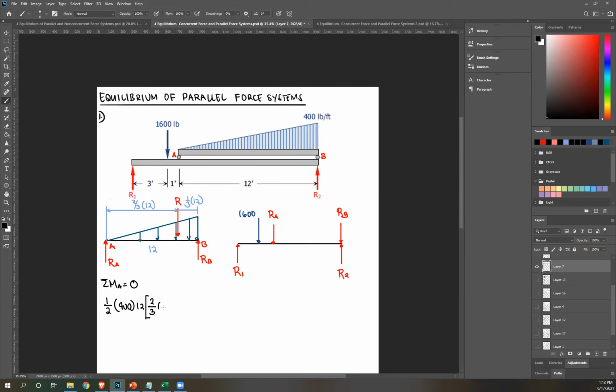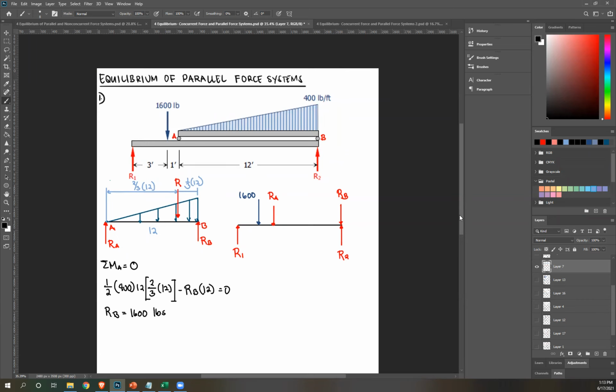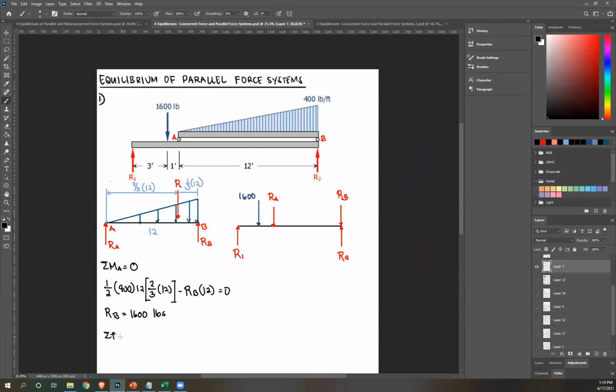Next, we have RB, rotate about A, that's counterclockwise, so negative RB times distance, 12, equals 0. Then from this, we can solve for RB. RB is 1,600 pounds.